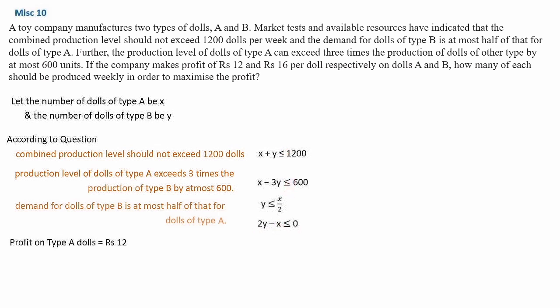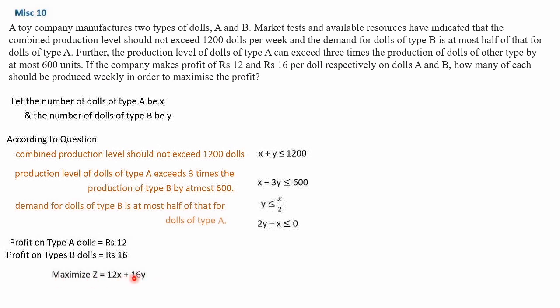Then profit on type A dolls, it is given to you rupees 12, and profit on type B dolls, that is rupees 16. We have to maximize the profit. So maximize Z is equal to 12 into X quantities of type A plus 16 into Y quantities of type B. So Z is equal to 12X plus 16Y.